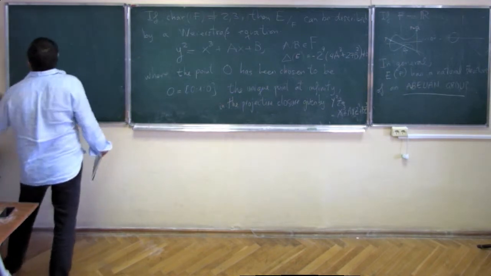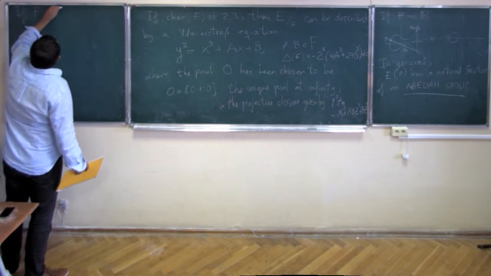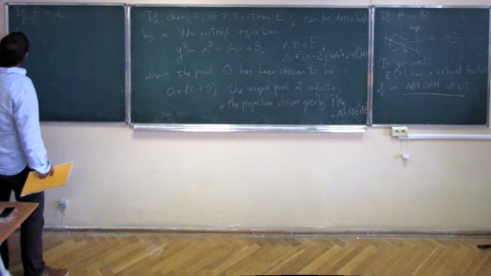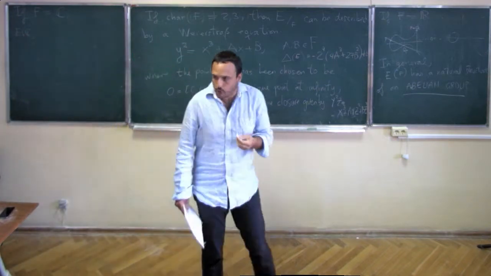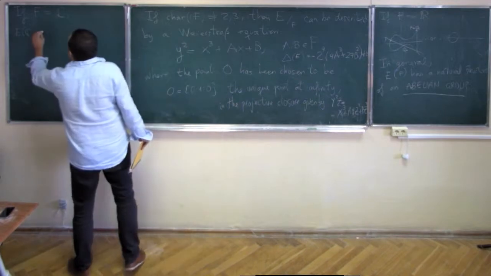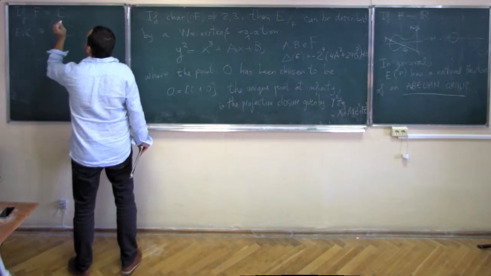So if F is the field of complex numbers, then the set of complex points is topologically just a torus.